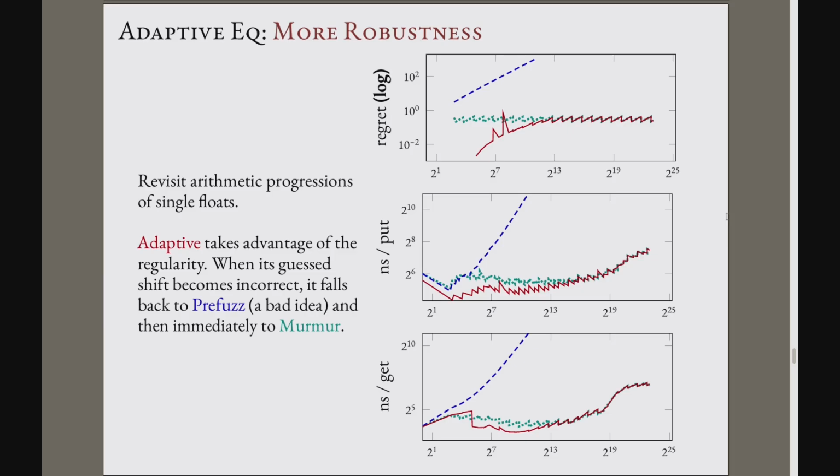It realizes maybe exceeding the bucket limit, maybe at rehash time, it realizes, oh, things are looking bad. I will switch to prefuzz now, which is a really bad idea because prefuzz is terrible, and then immediately switches to murmur. So it improves on murmur, even a murmur at the beginning, and then just gracefully falls back to that performance level.